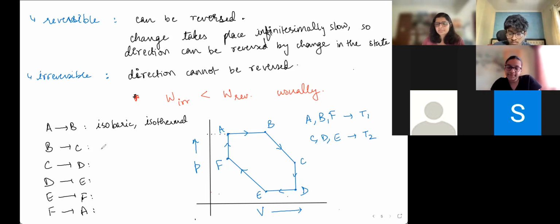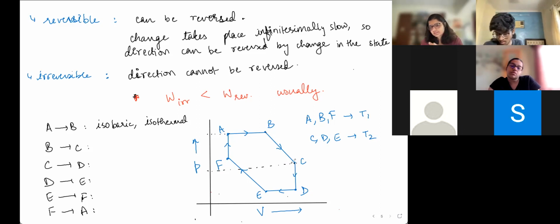Okay. So similarly, B to C, what type of process is it? Look at what's happening from B to C. The pressure is reducing as the volume is increasing.